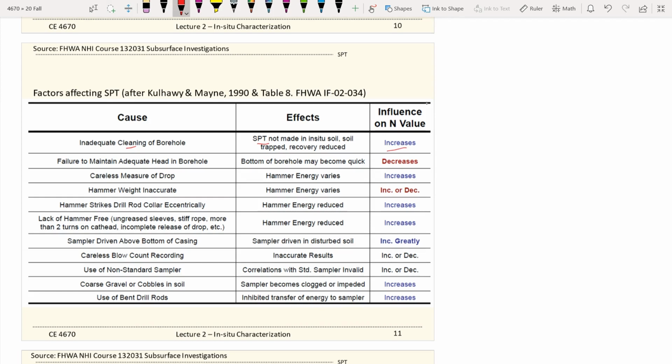Also make sure the hammer is adequate, and that the measure of the drops is proper, because for each drop, especially with the old school donut type of hammer, the accuracy of the SPT N values highly depends on a constant drop height.